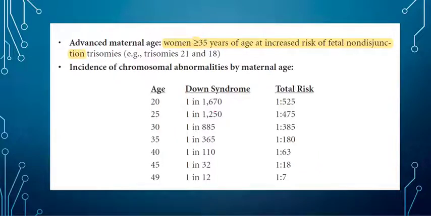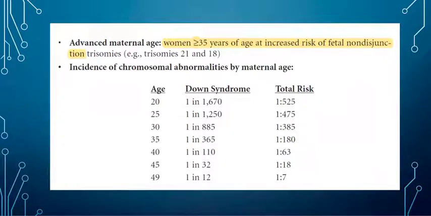Women more than 35 years of age, if they get pregnant, are known as advanced maternal age, and they have a high risk of a lot of complications. One of the complications is chromosomal abnormality, like trisomy 21, trisomy 18, which is your Down syndrome, Patau syndrome, those syndromes. Down syndrome is very common. It's one of the commonest genetic abnormalities in Australia. So it's a very important topic.